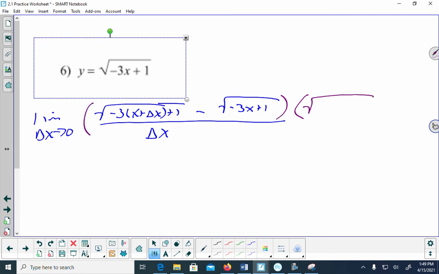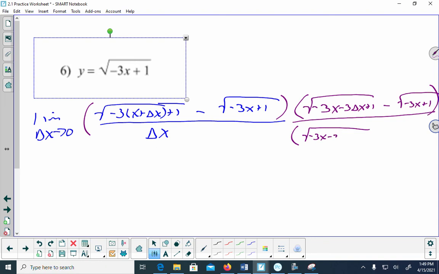Everything underneath the radical sign stays exactly the same as it is. If you want to go ahead and distribute this, why don't we just do that now? Negative 3x minus 3 delta x plus 1 minus the square root of negative 3x plus 1, and closing that parentheses, and we're going to multiply the denominator by the same thing. I don't know what's easier for you, whether to keep it with the 3 outside or distribute it, your choice.